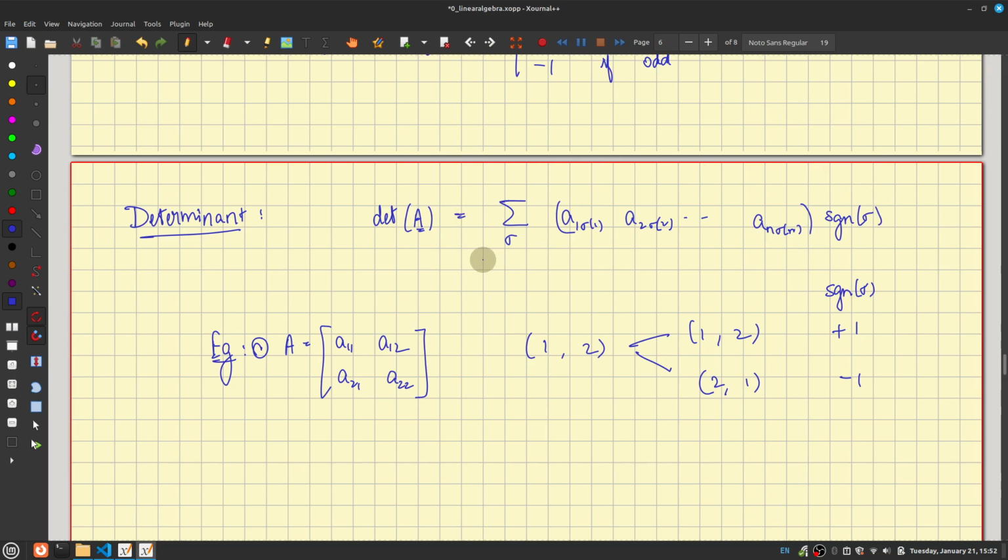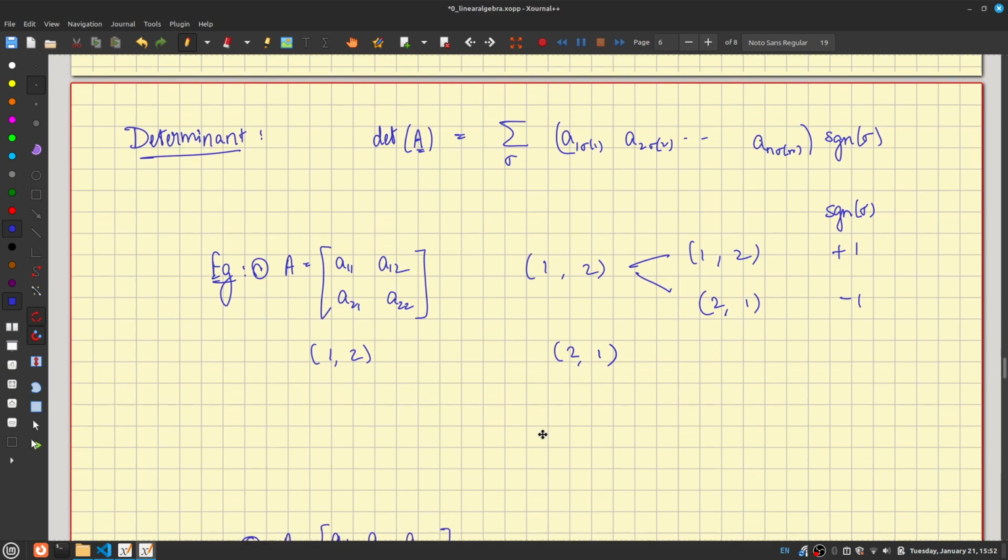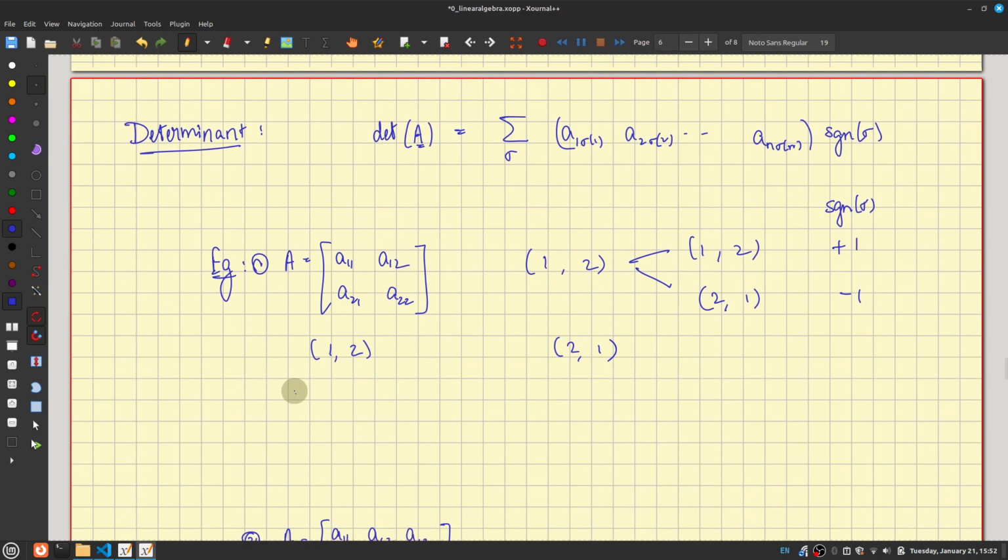Now let's use this particular formula. So 1 comma 2 is one permutation and 2 comma 1 is the other permutation. I take A 1 comma sigma of 1. What is sigma of 1? 1 itself, times A2 sigma of 2, which is A22, times the sign of this permutation, plus 1.